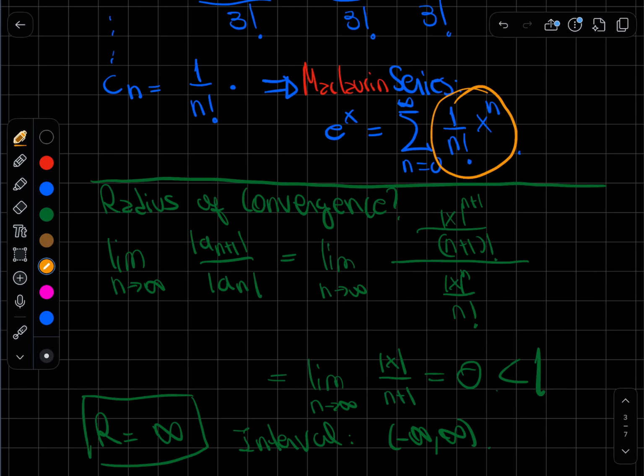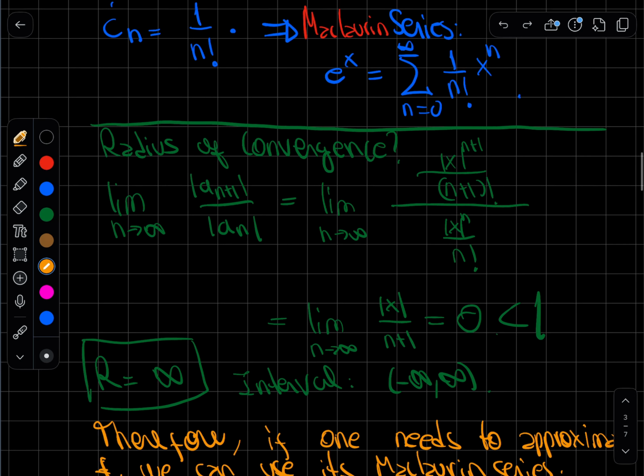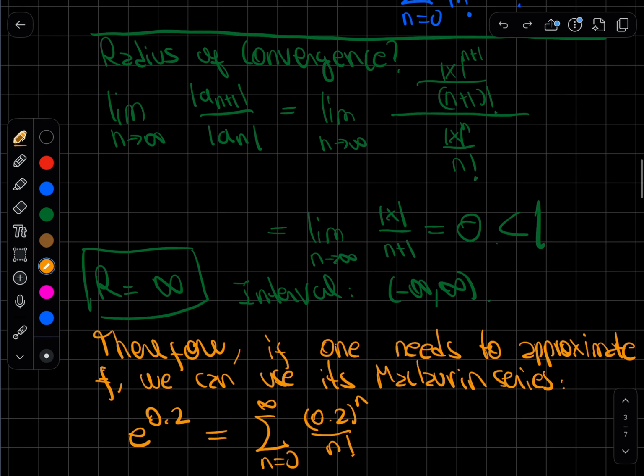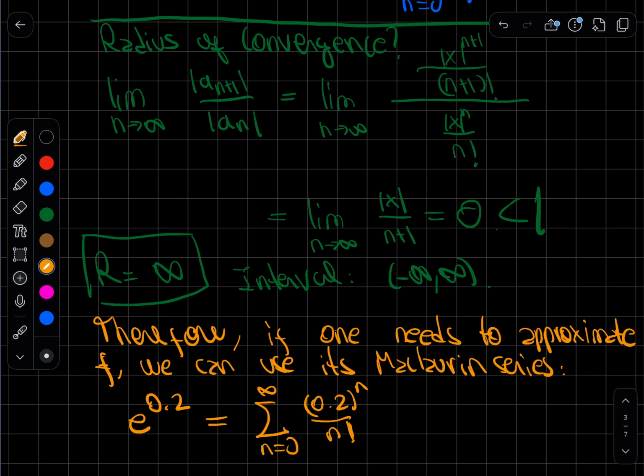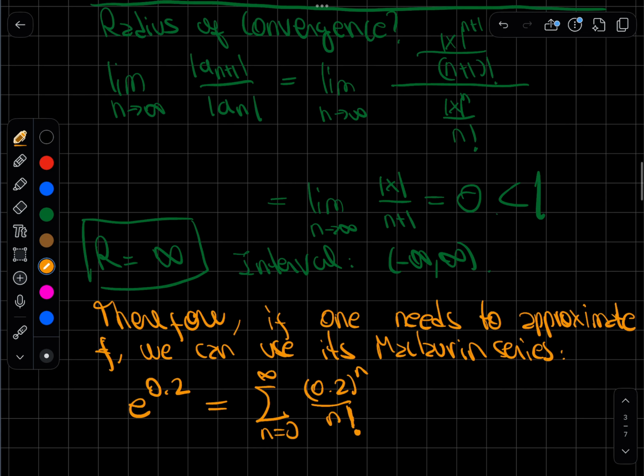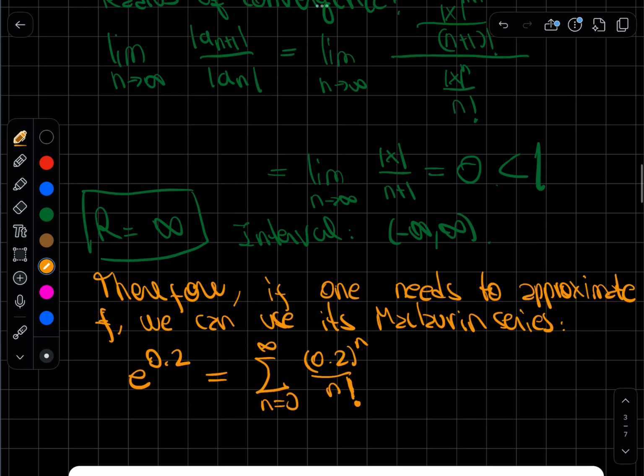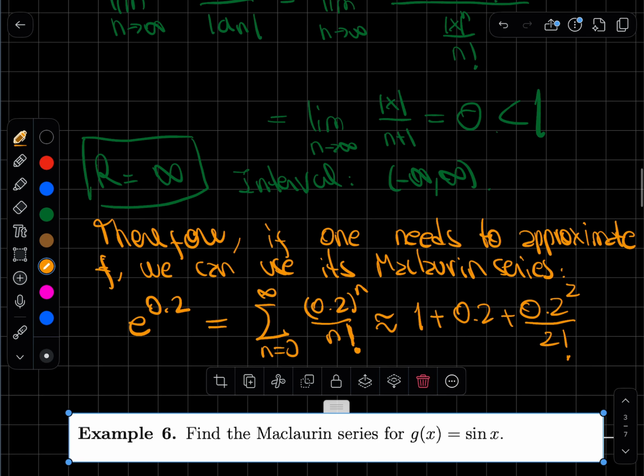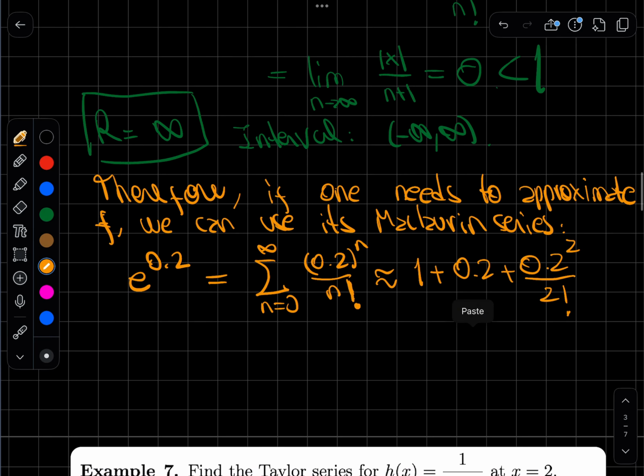This is that if x equals 0.2. And so I don't need to compute stuff forever. I can just do n equals 0 gives me 1. n equals 1 gives me 0.2 over 1 factorial. n equals 2 gives me 0.2 squared over 2 factorial. And I can stop here if I want, or I can do more if I feel like it's helpful.